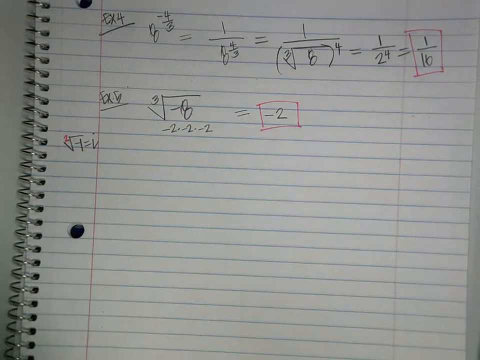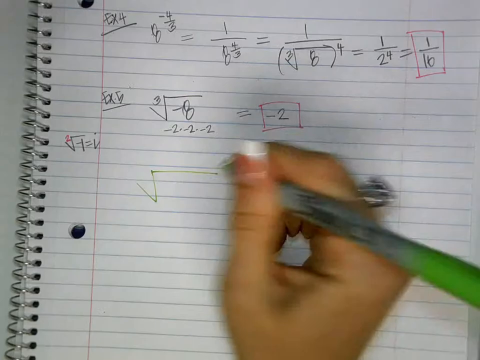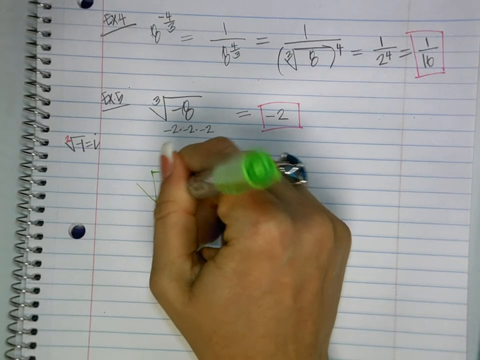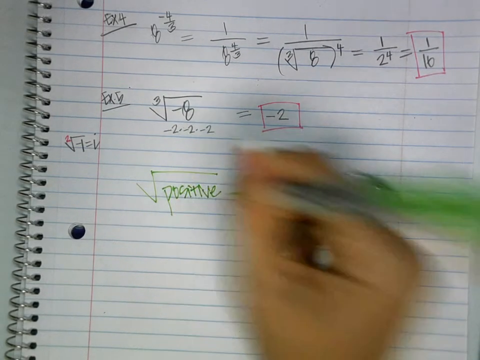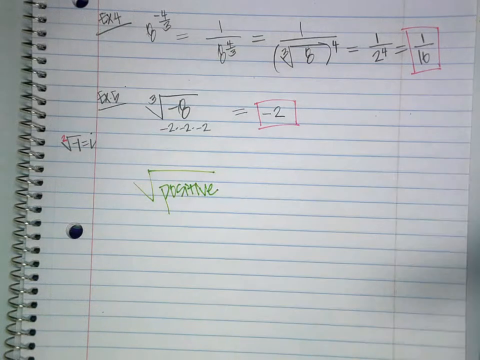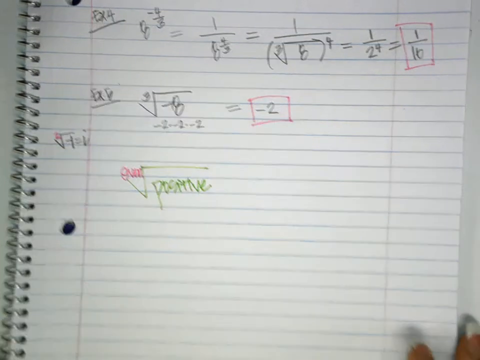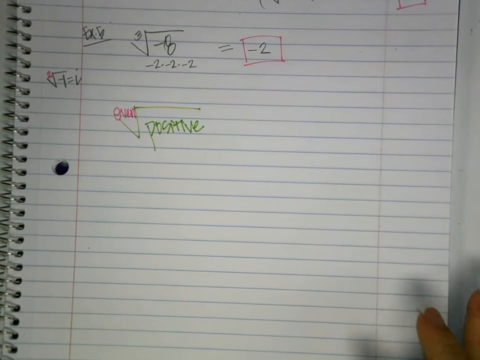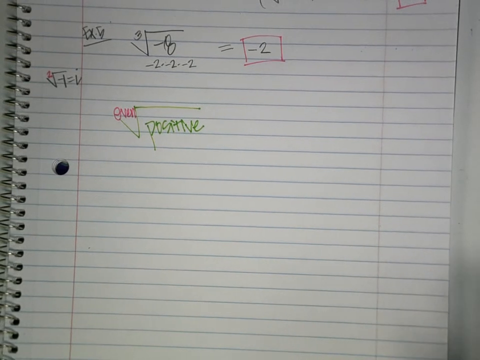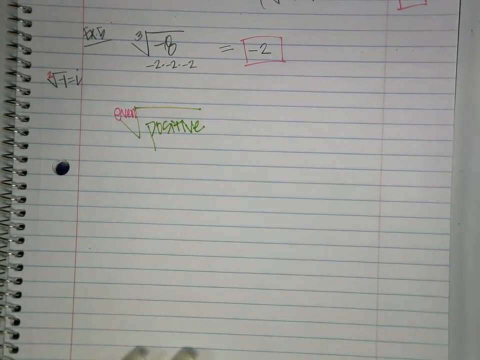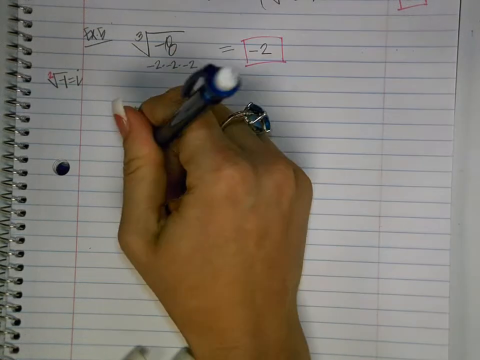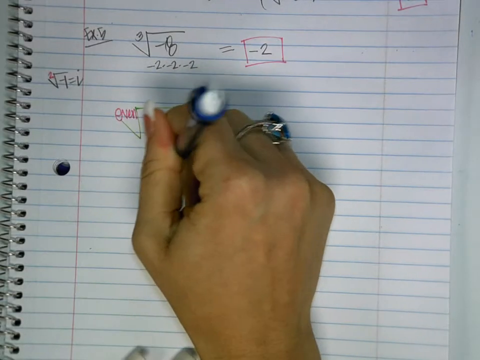If you have a positive number underneath the radical and an even handle number, think of it like the square root of 16.